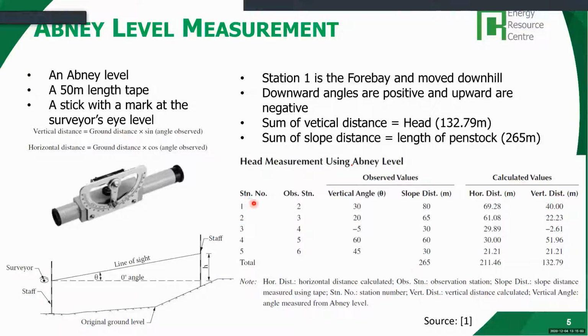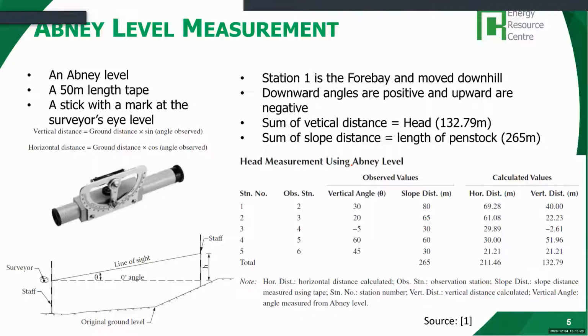And over here, you move from 1 to 2, 2 to 3, 3 to 4, and so on to 6. Then basically, you get the head. The head is 132.79. And you get the sloping distance also, which is used to estimate, for example, the penstock length. Okay, the sloping distance would be the penstock length.